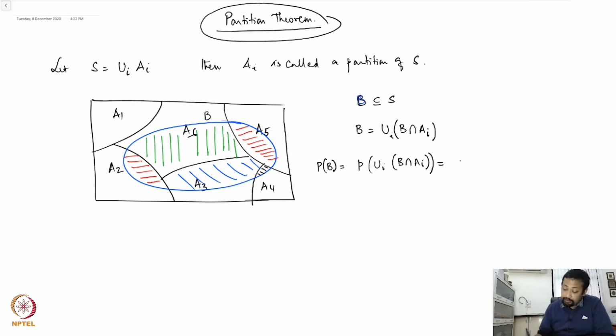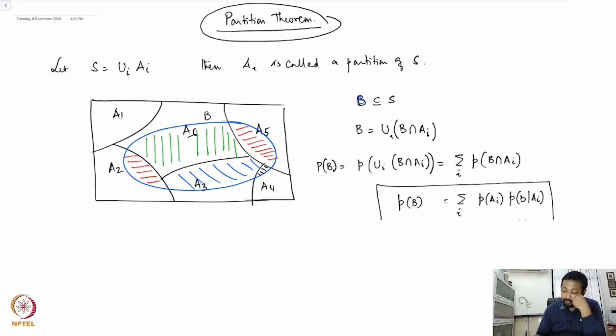By the additivity theorem, this is the sum over i of the probability of B intersection A_i. But then I know that this is the sum over i of P of A_i times P of B given A_i. So this tells me that the probability of B can be written in this form, where A_i is a partition of S.